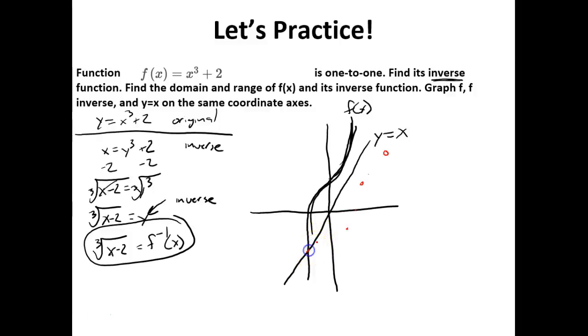This point would be right on. So what that's going to do, it's going to look something like this here. Would be the inverse. And again, this right here would be the inverse.